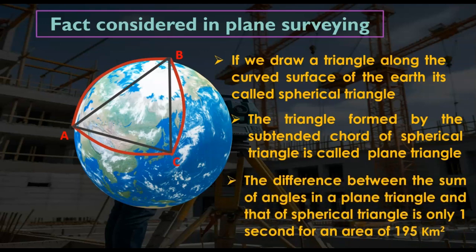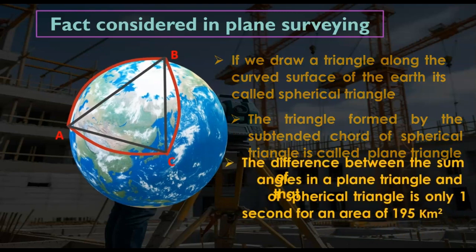The difference between the sum of the angles in a plane triangle and that of a spherical triangle is only 1 second for an area of 195 square kilometers. It is the second fact that is considered in plane surveying.